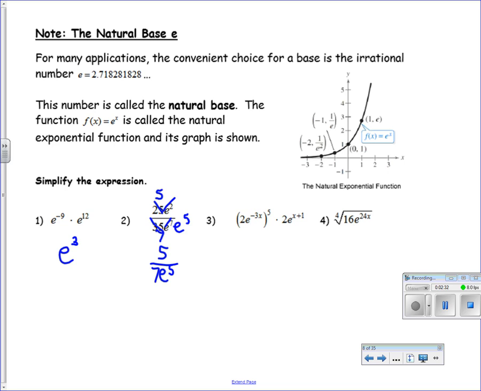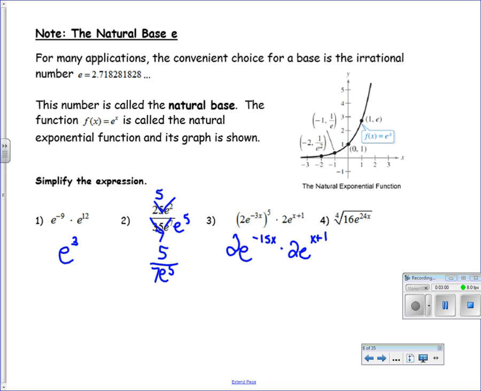The next one is actually kind of interesting because you've got a 2e. So if you think about that, what are we going to do with these two things, the negative 3x and the 5? We're going to multiply them. Very good, because the exponent's outside, so we're going to multiply it. So we're going to get negative 15x. Okay. Now, it's all about, do you see how the bases are the same?